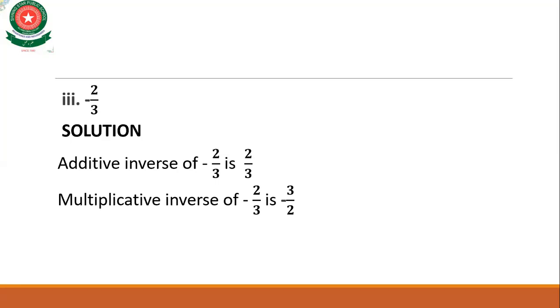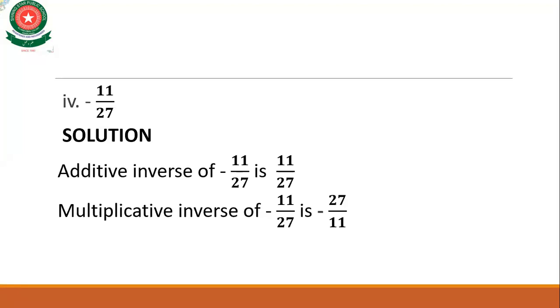But we will not change the sign in multiplicative inverse. You must remember that we will not change the sign in multiplicative inverse. We just change the numerator into denominator and denominator into numerator. So our answer for minus 2 by 3 is minus 3 by 2.